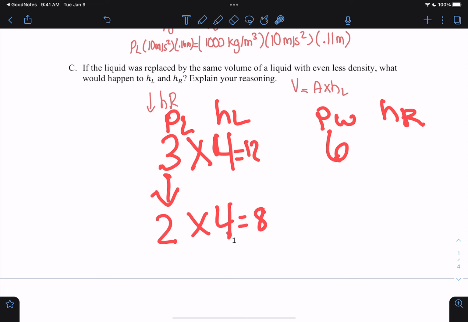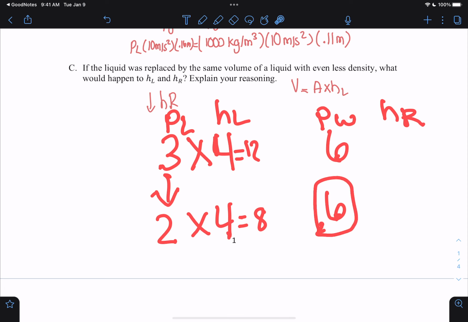Well, I'm still pouring in water, right? Water has specific constant properties. Its density shouldn't change. So I'm pouring in water with a density of 6, for example, just theoretically, right? Well, at first, in order to maintain that 12, I had a height of 2 for my water.